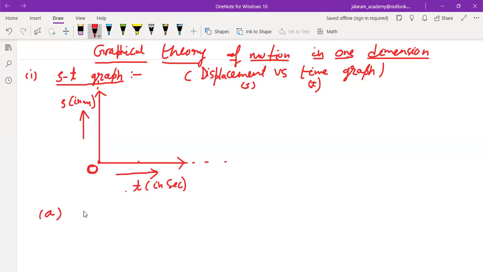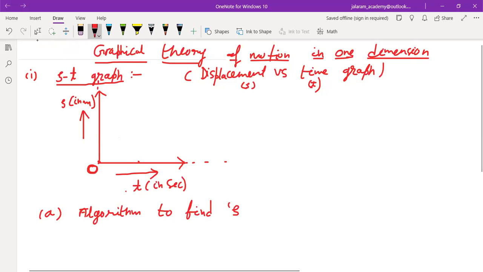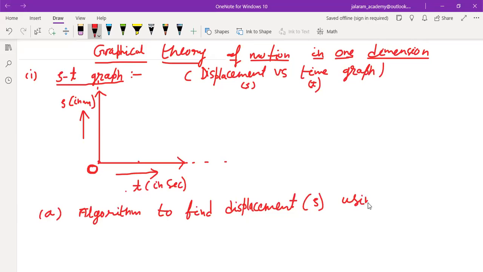So write the first heading: algorithm to find displacement S using the displacement time graph.